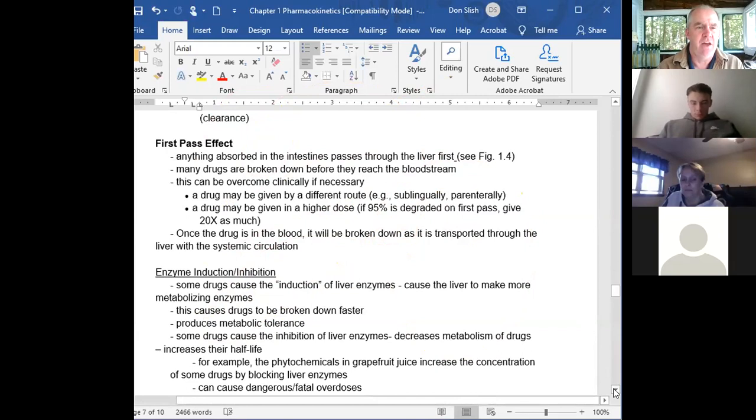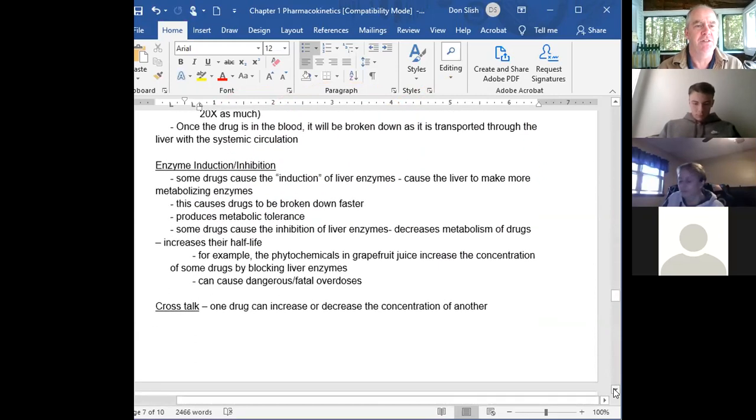Okay, enzyme induction and inhibition. This is kind of important too. Like every single protein in your body, it's going to be regulated. The amount of it in your cells will be regulated. So there are some cytochrome P450s that will be strongly upregulated by certain drugs. One of the classic examples is phenobarbital.